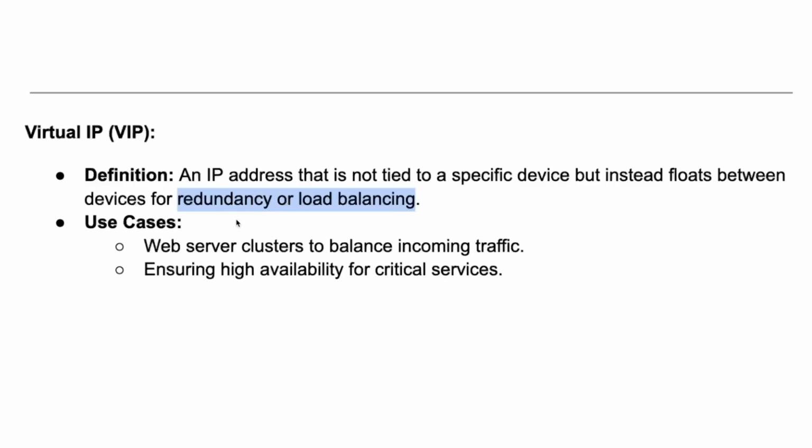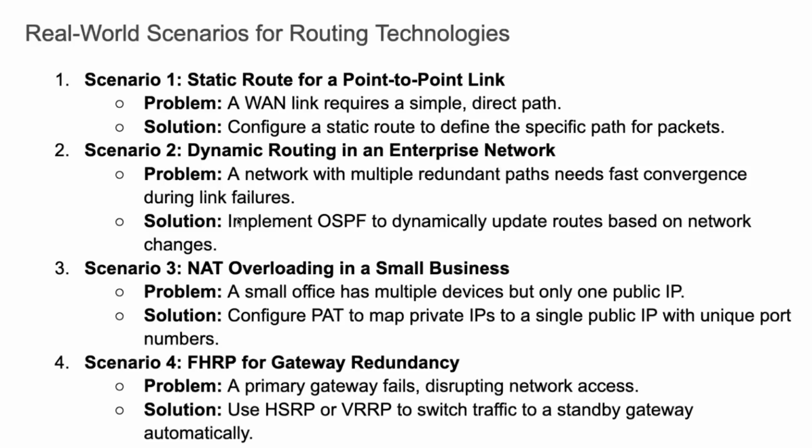It would be impossible to do. So these virtual IPs and everything else that we discussed so far are parts of dynamic routing, and they all fall under redundancy. So these redundant technologies and these redundant machines and these redundant protocols all fall under dynamic routing. So a few real world scenarios here.